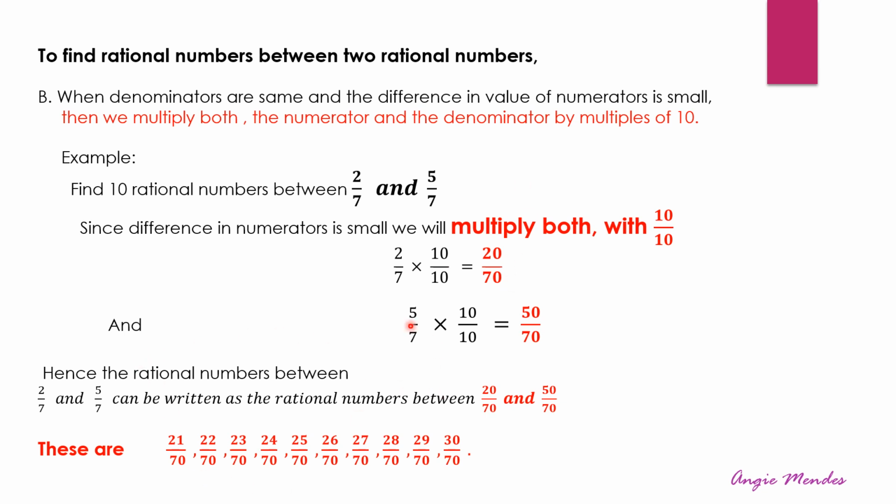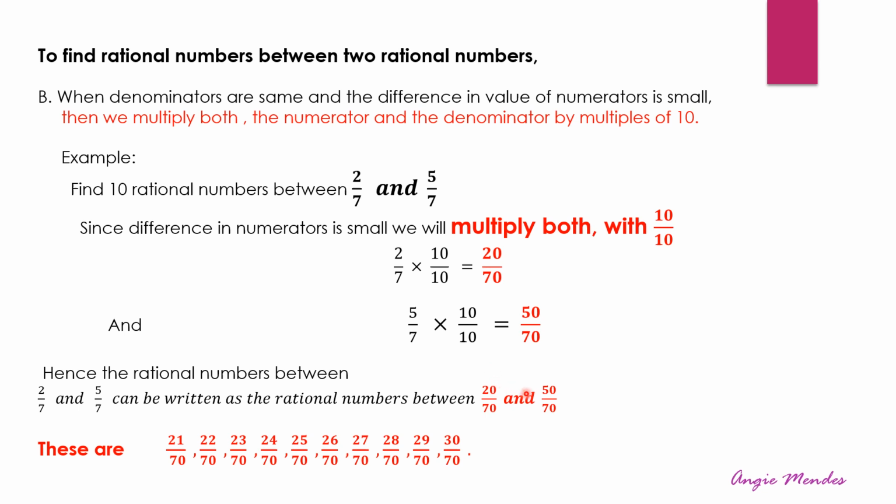To the second rational number, again we will multiply multiples of 10 to the numerator and the denominator, so we get 50 upon 70. Now the rational numbers between 2 upon 7 and 5 upon 7 can be written as the rational numbers between 20 upon 70 and 50 upon 70.